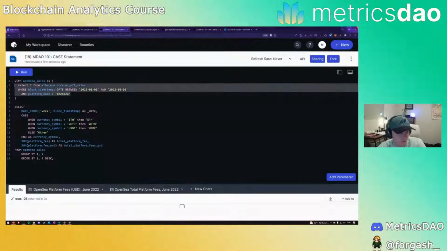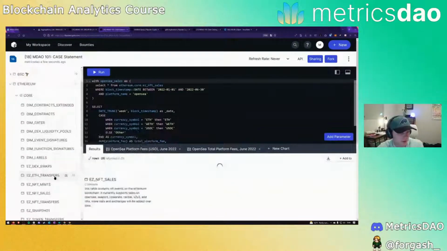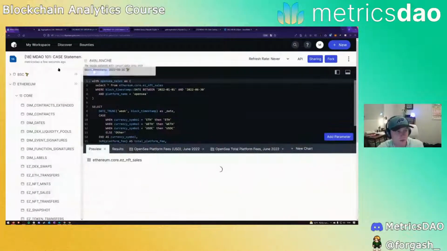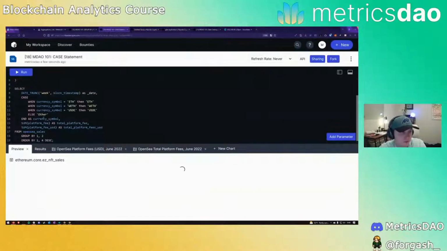I won't run this because it's going to bring back a lot of records for a 6-month span of NFT sales. But it's going to return a filtered result set that looks exactly like the easy NFT sales data if we open up the preview instead, where the dates are range bound between the first 6 months and platform name is only going to equal OpenSea.